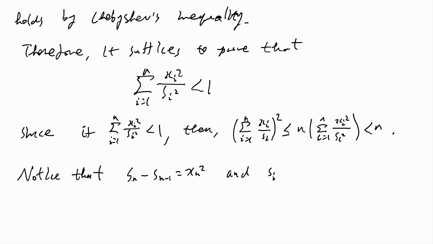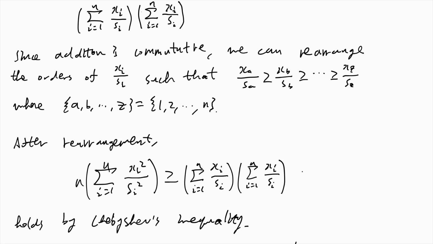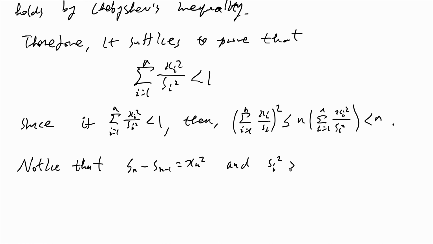And because we have s of n and s of n minus 1 here, squared is greater than or equal to, so 1 times s of I minus 1, because s of I minus 1 is always less than or equal to s of I.